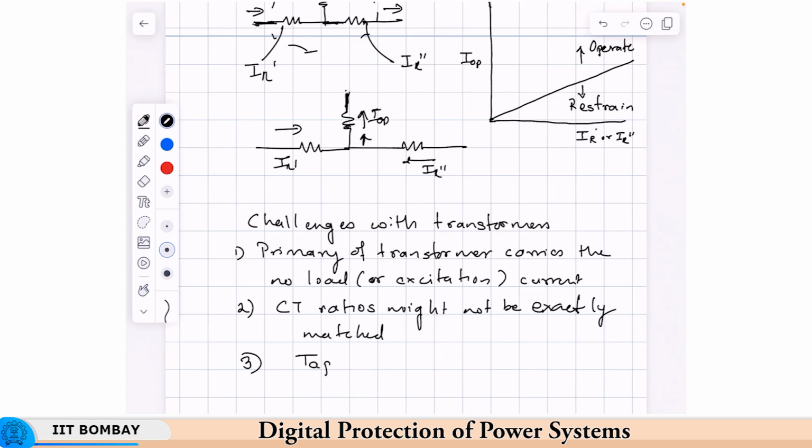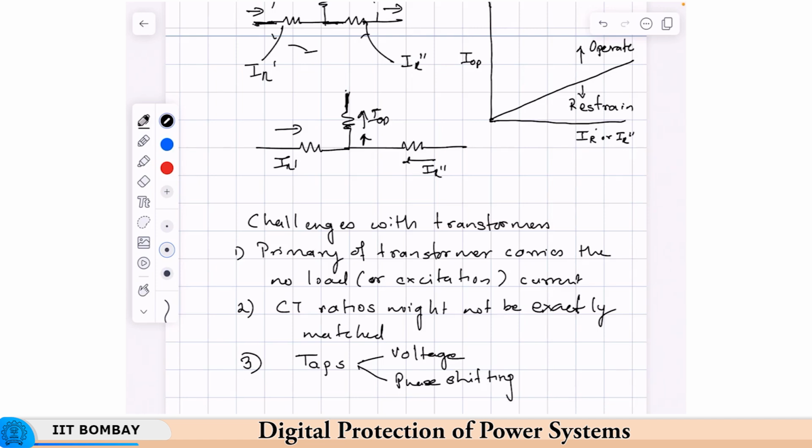Now these taps could be in phase taps for voltage control, or it could be quadrature taps also, phase shifting transformers, etc.